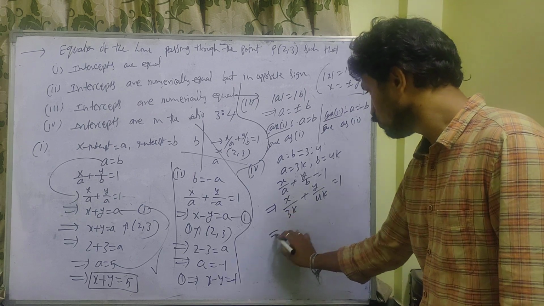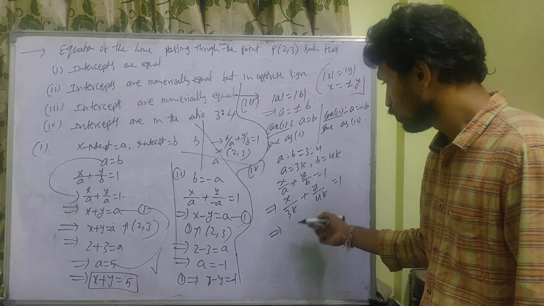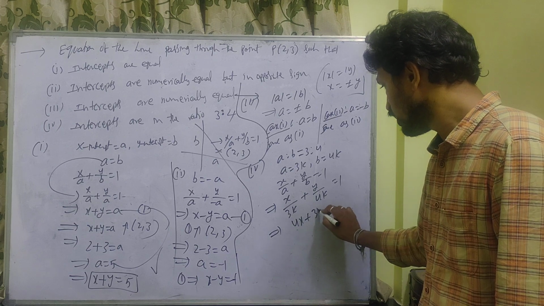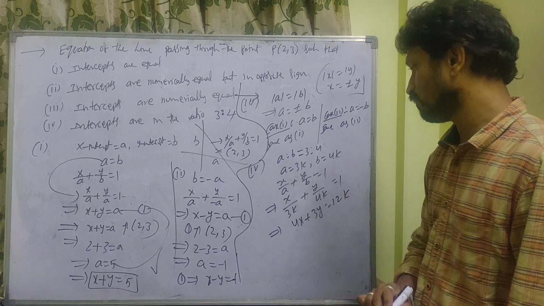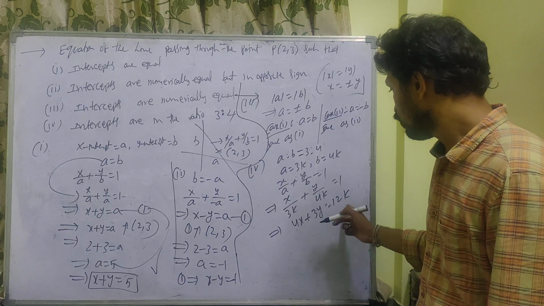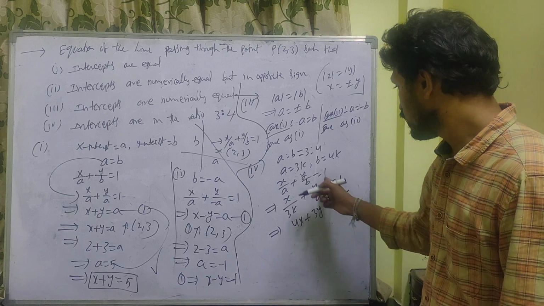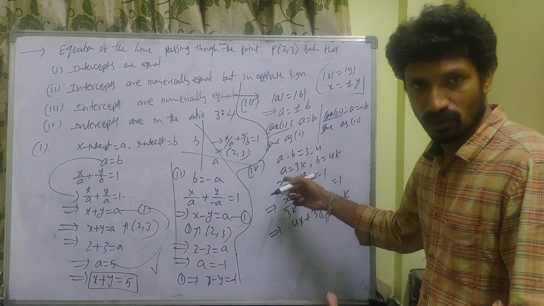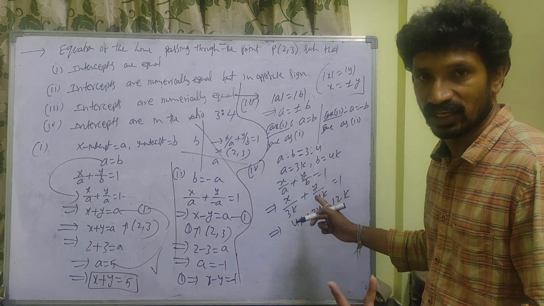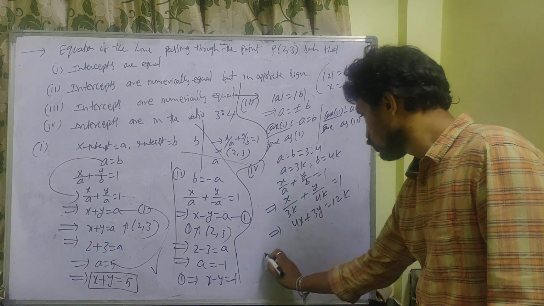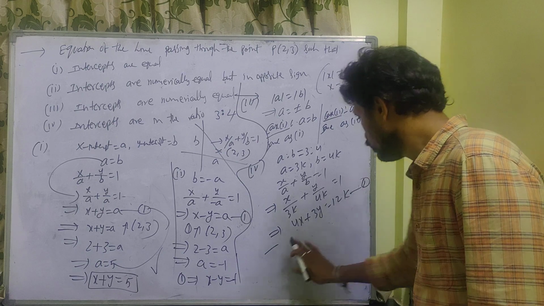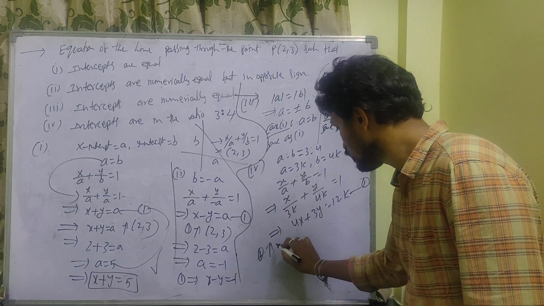Taking the LCM, 12k, we get 4x plus 3y is equal to 12k. If you find the value of k, you get the exact required equation.